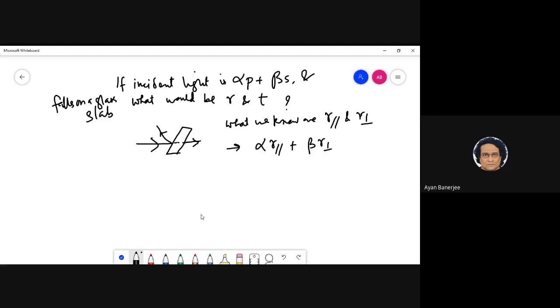Very good. Now, if you have this, is this the amplitude or the intensity? Amplitude. Very good. Now, intensity will be this, right?